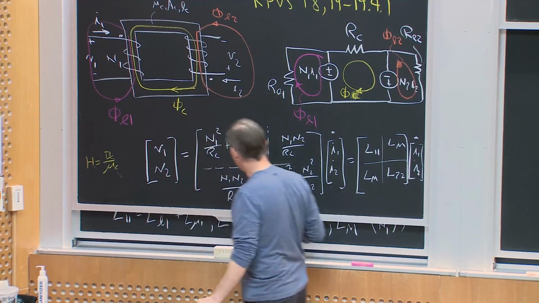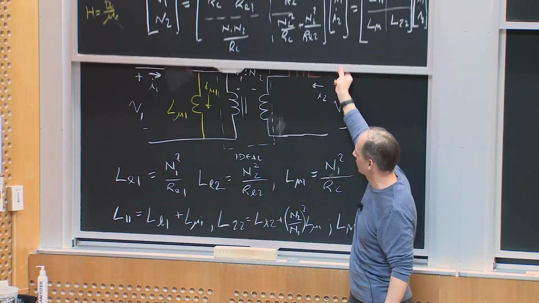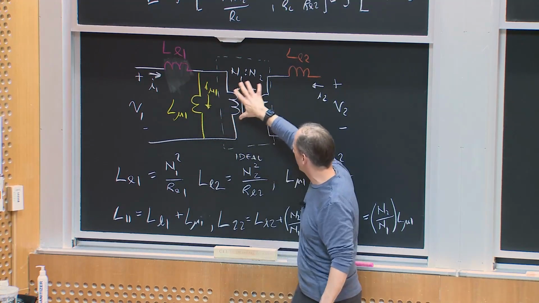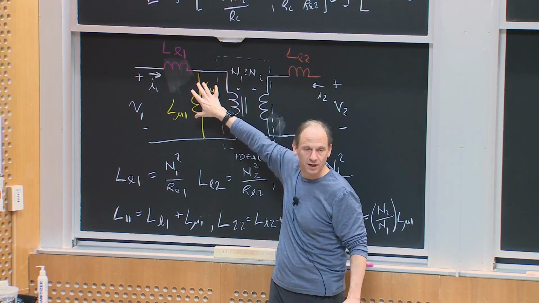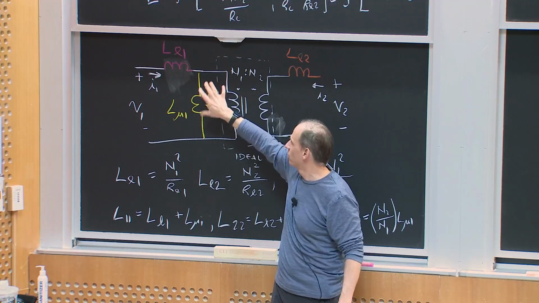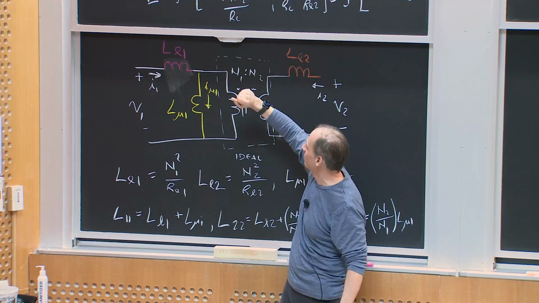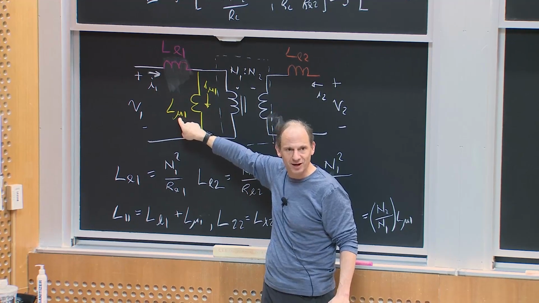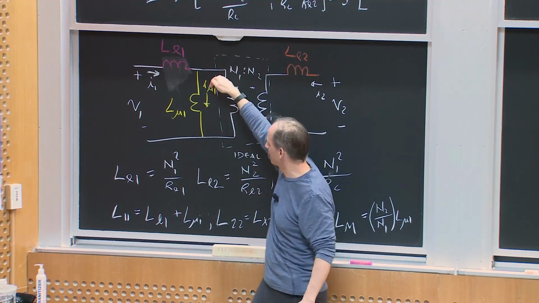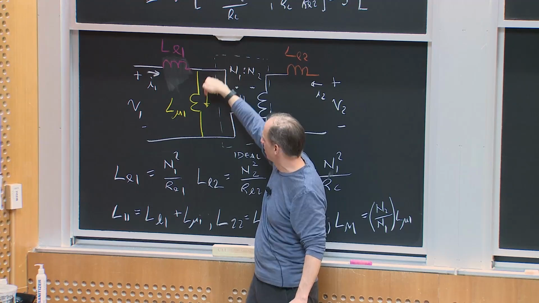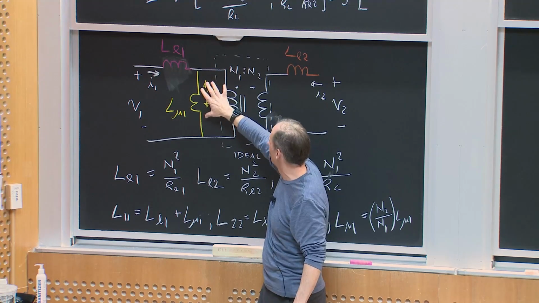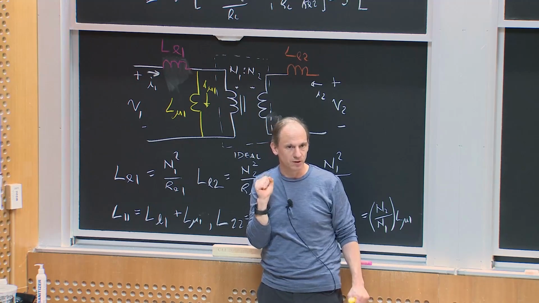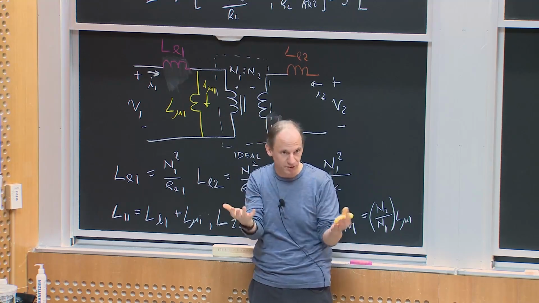And the way that pops into the circuit model is through this inductance that appears across the ideal transformer. The difference between having infinite permeability, where you have no energy storage, or equivalently an infinite magnetizing inductance that carries no current, is that I get a finite magnetizing inductance that has a current that ends up being a mismatch between the ideal turns ratio, or the ideal transformation ratio, of an ideal transformer.